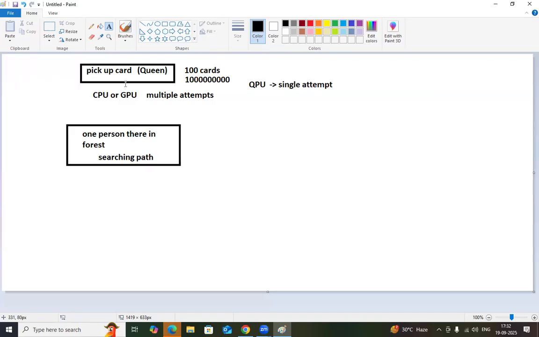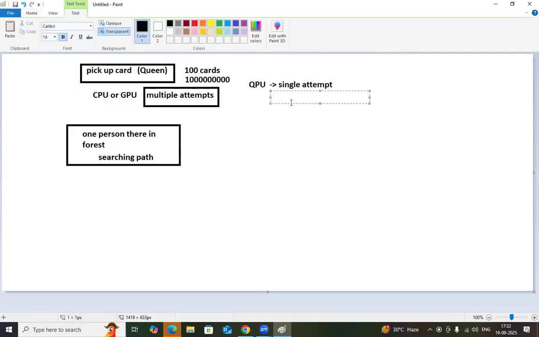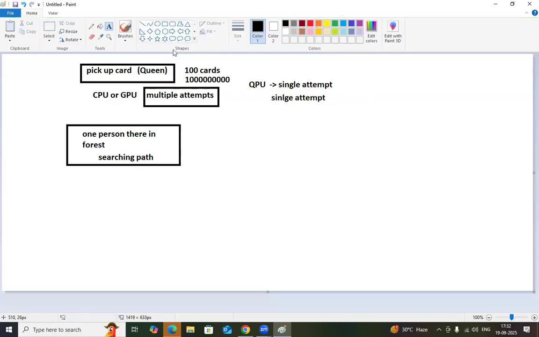The concept here is multiple attempts. The major important point I want to tell you is that a CPU and GPU can do multiple attempts, but a QPU can do it in a single attempt. Any task, it will do with a single attempt. That is the power of the QPU.